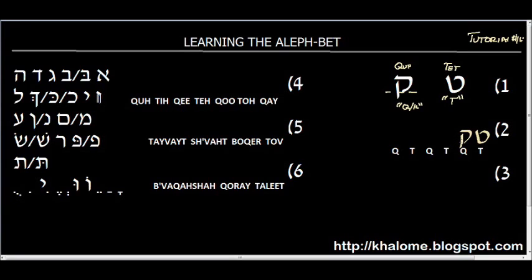And remember, that's got to go beneath the page line. You'll also see the Tet sometimes in the block script written like this, and the Kuf pretty much will look the same all throughout.